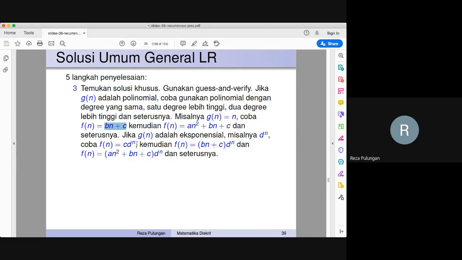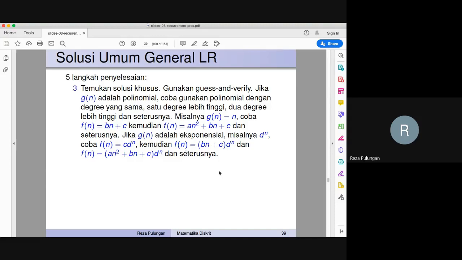If it does not work, then try multiplying it by a linear function: bn plus c, multiplied by d to the power of n. If it does not work, multiply it with a quadratic: an to the power of 2 plus bn plus c, multiplied by d to the power of n, and so on. This is what we call a special solution.